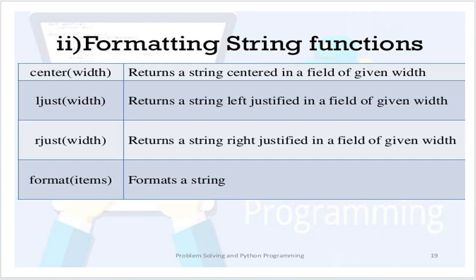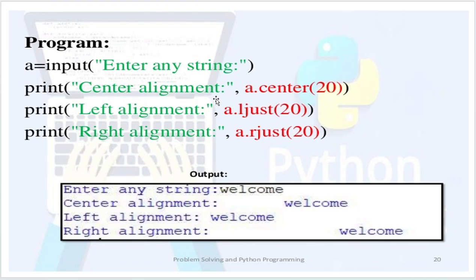You have string formatting functions called center, left justified, right justified, and formatting a string. Okay, so we'll see it directly with an example. If you see here, it asks to enter any string. So welcome has been got from the user.